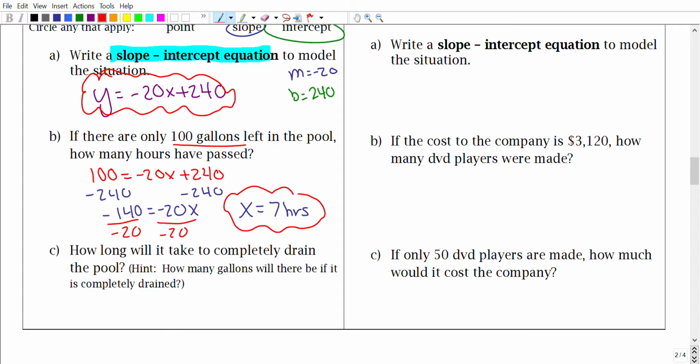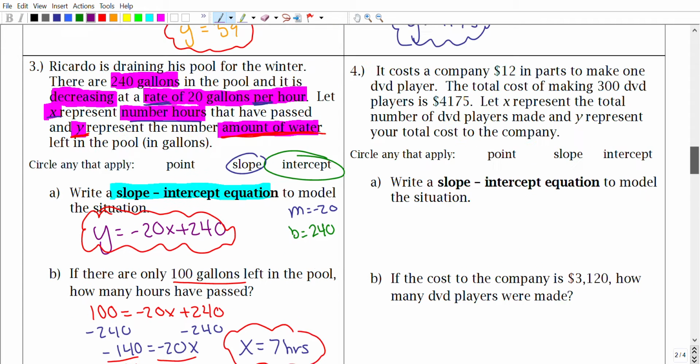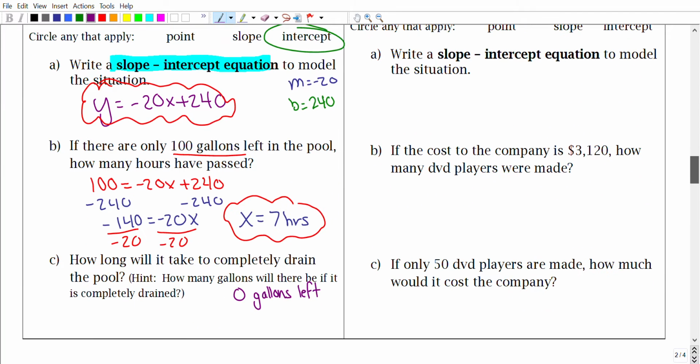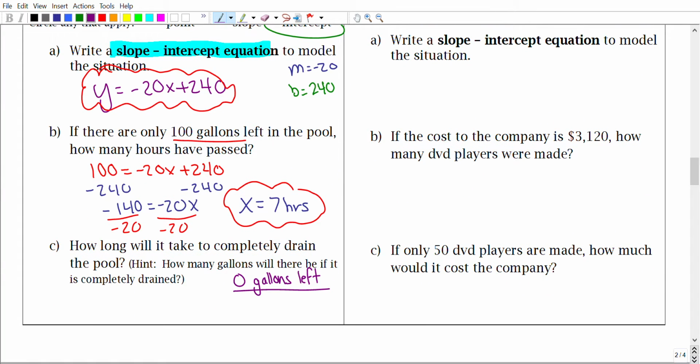And finally for part C, how long will it take to completely drain the pool? Now, hint, how many gallons will there be if it is completely drained? I'll give you guys a second to think about it, but I think you can figure out that if you drain the entire thing, then you will have 0 gallons left. And again, which of these variables represents gallons? Once again, it's the y. The y represents the amount of water in there, so I'm going to substitute in 0 for y.